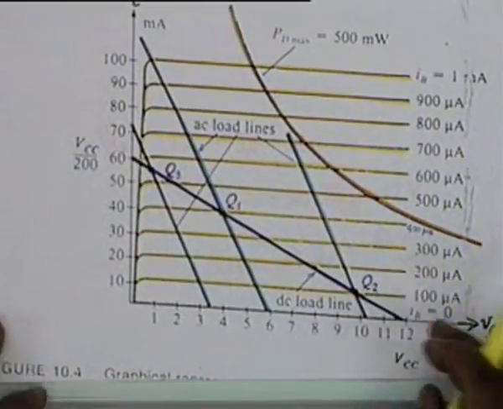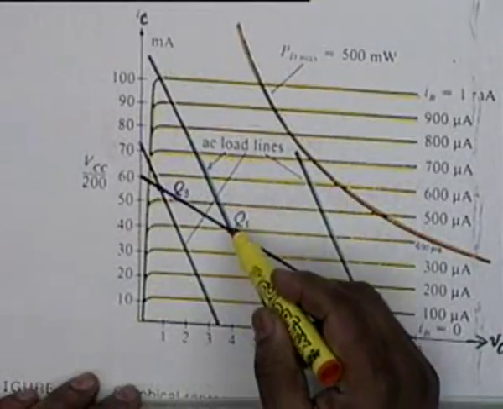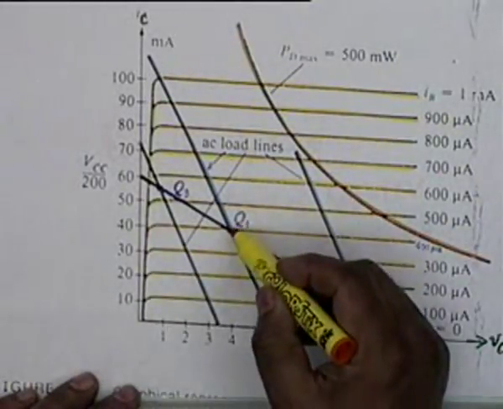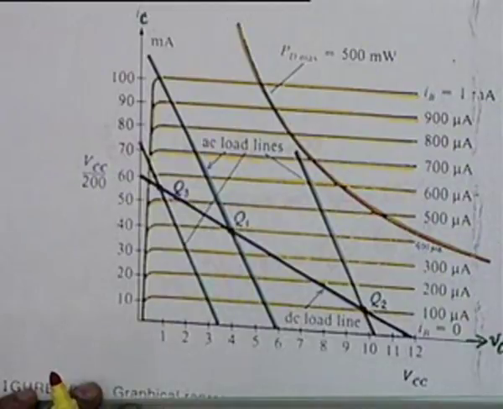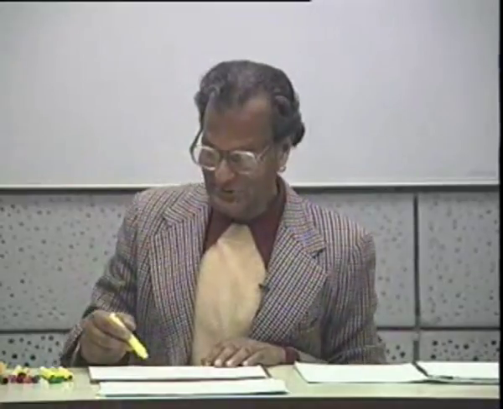We have also found out the Q point or the operating point. The operating point was 4 volt and 40 milliamps. So Q1 is the operating point. Is the point clear? The operating point clear? Yes. Is the load line clear? Yes.